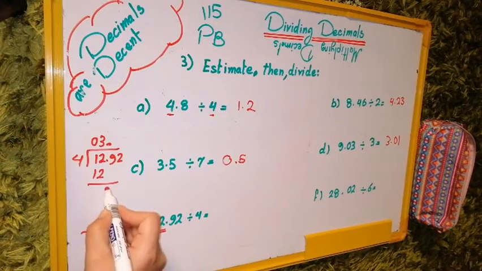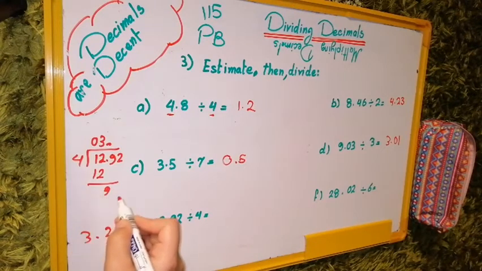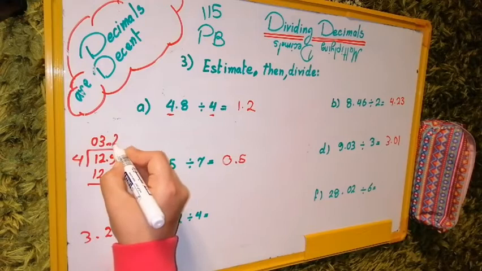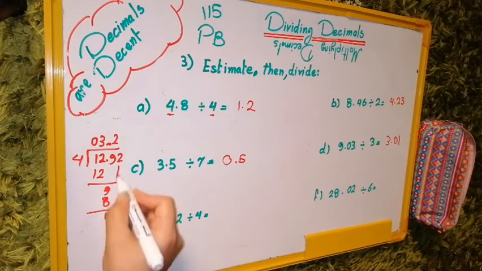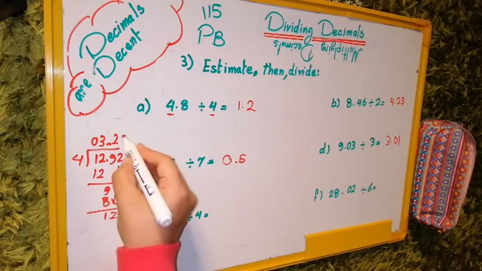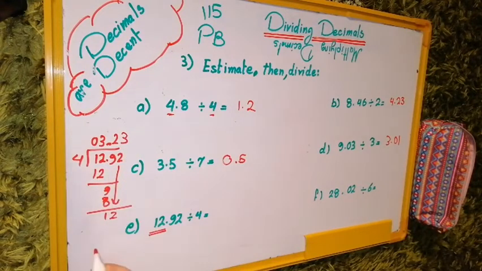Here I have 9 divided by 4, 2, 8, going to have 1, and then take my 2 down here. 12 divided by 4 is 3, and my estimation was here 3.2.